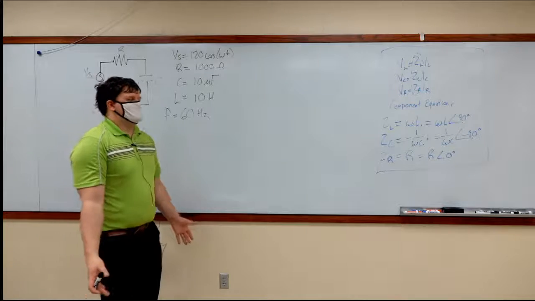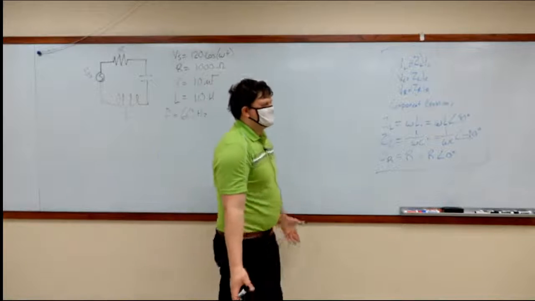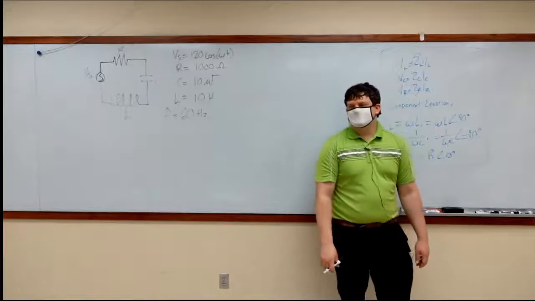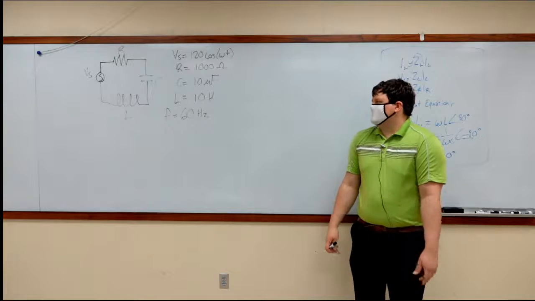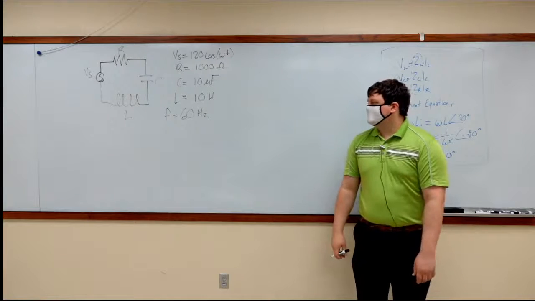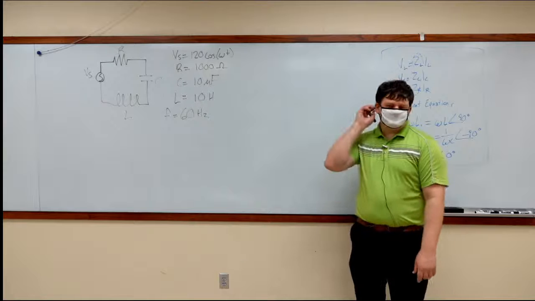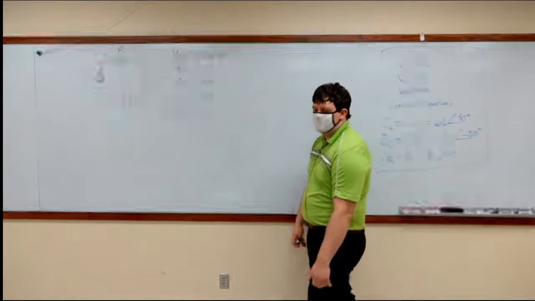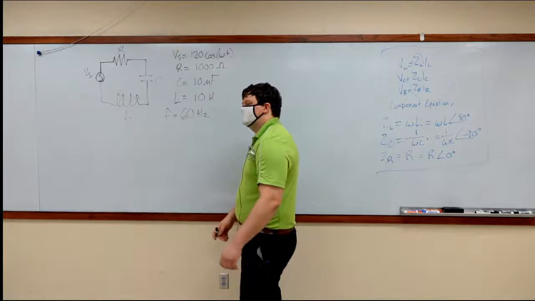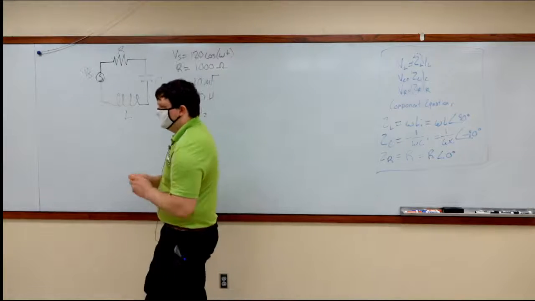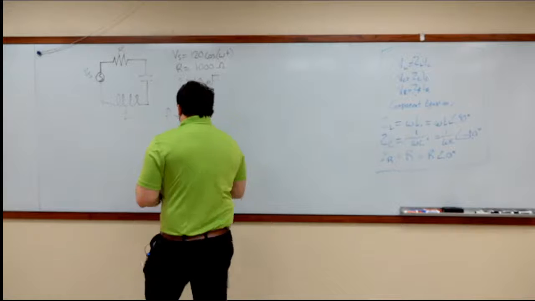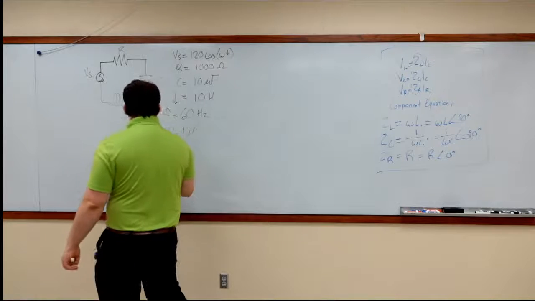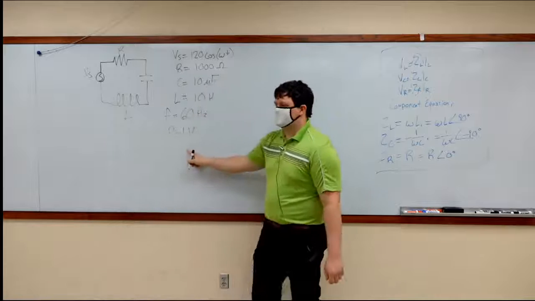How do we determine power in AC systems? It's not an average. If we just take the average, it's 0. P is equal to IV, yes, but there is something special we have to do to this.